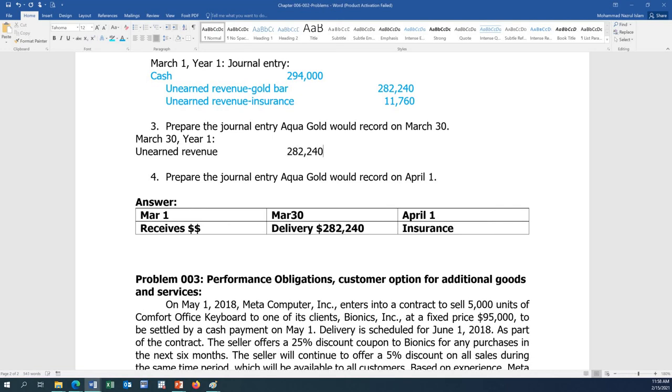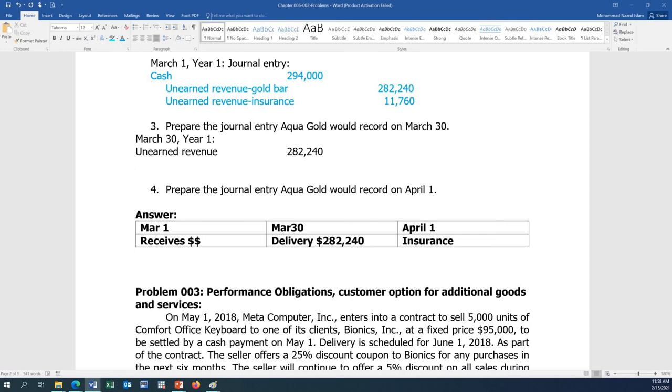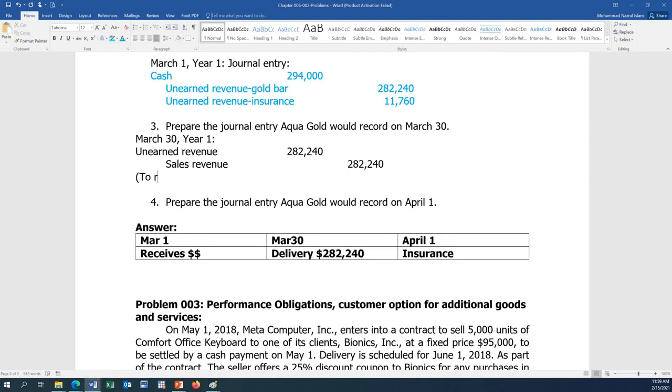Sorry. And sales revenue. You understand why sales revenue? Because we have already delivered the gold bar, correct? So we need to recognize revenue for the sale of gold bar.